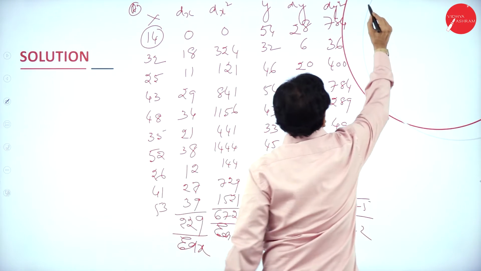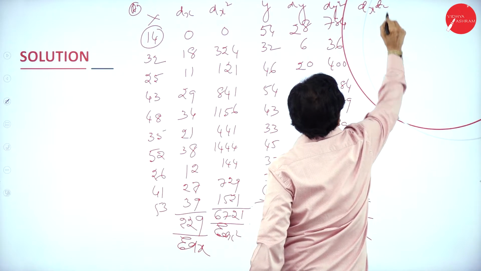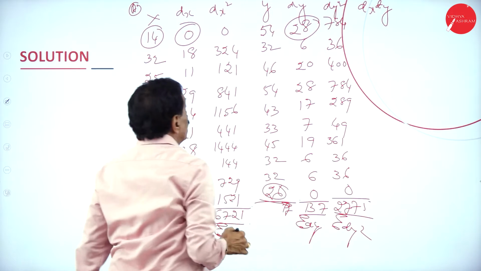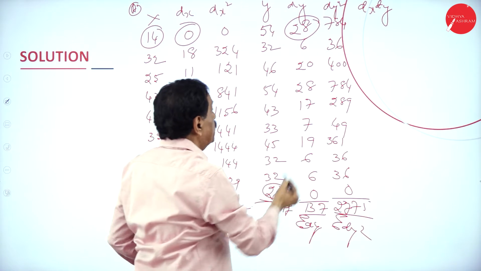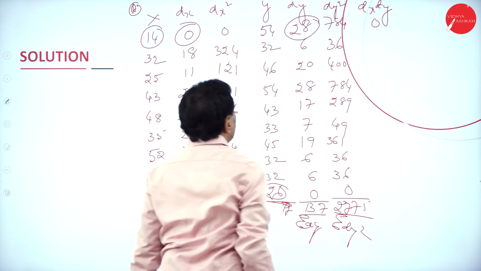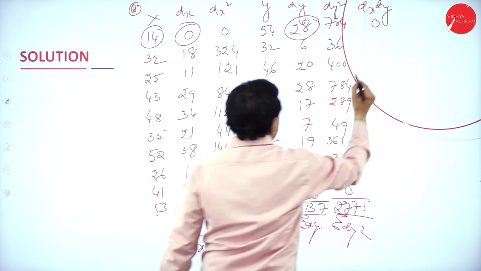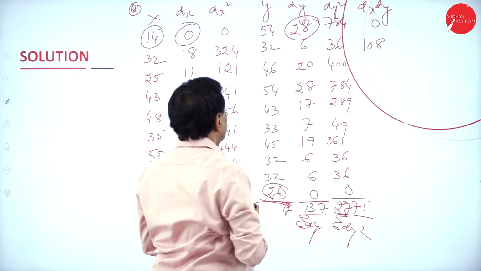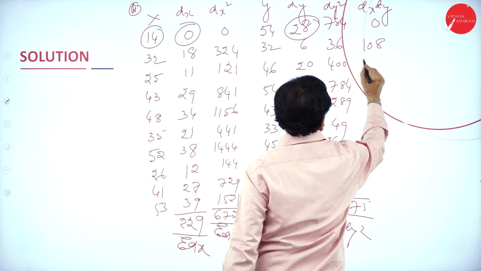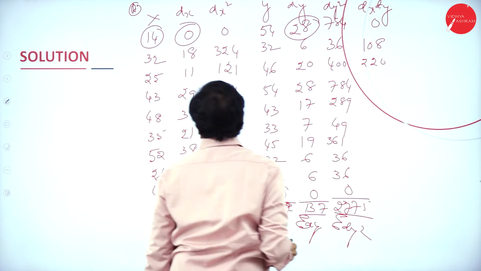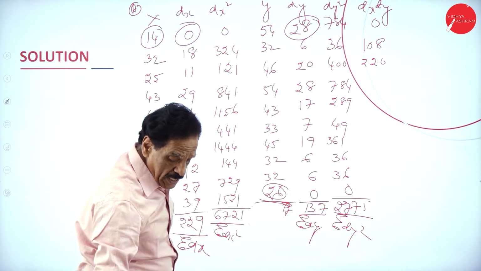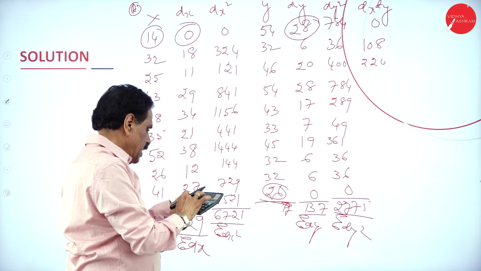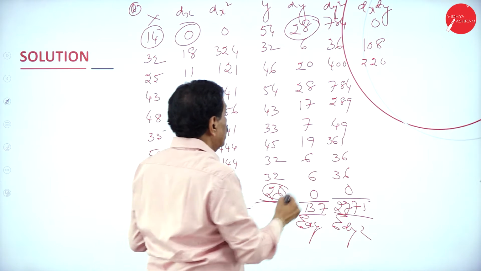Last number, dx dy. Deviation of x, deviation of y. 0 into 28 is 0. 18 into 6, 108. 11 into 22, 20. 29 into 28, 812.